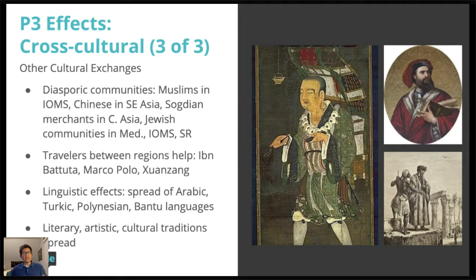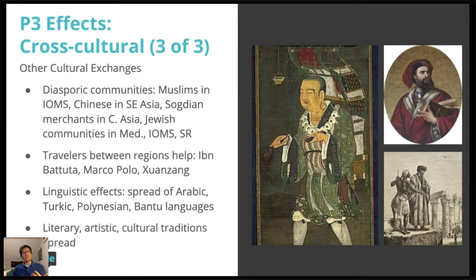In Central Asia, there are these groups called the Sogdians, who are traders, and they kind of spread out in different areas along the Silk Roads. If you ask me any other questions about them, that's about the extent of my knowledge on Sogdian merchants. Maybe I need to do a little bit more research. Jewish communities, especially in the Mediterranean, are very important, vitally important for the development of cartography technology, especially.